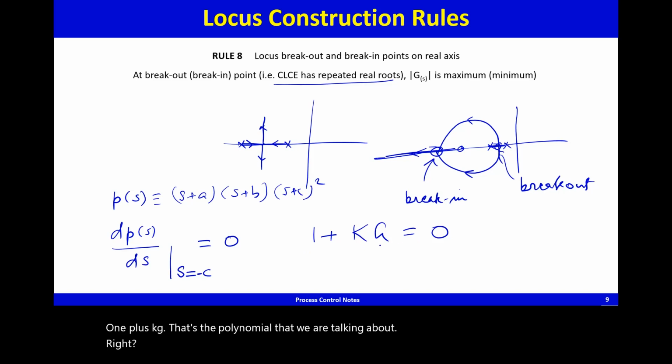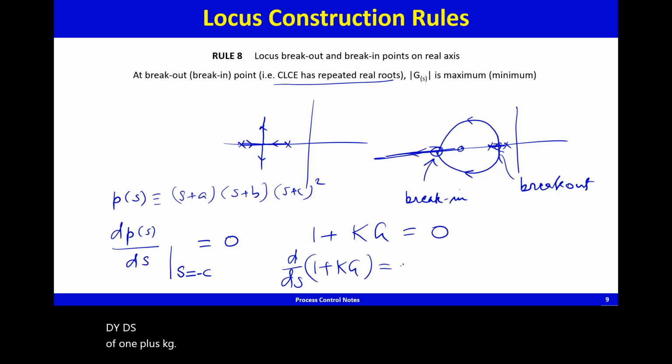If this polynomial has got repeated roots, then at that repeated root, d by ds of 1 plus kG must be equal to 0. If d by ds of 1 plus kG is equal to 0, then k times d by ds of G must be equal to 0. That means dG by ds must be equal to 0.